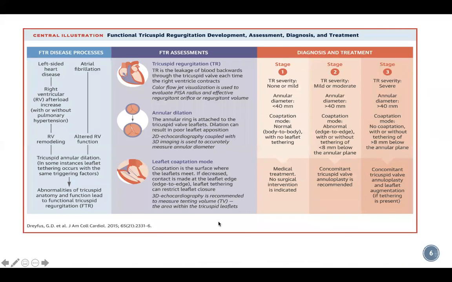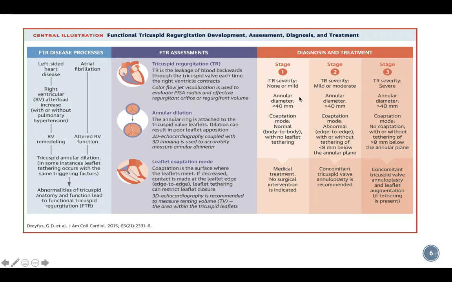Dreyfus wrote a review article about functional TR. After establishing the diagnosis, either left-sided heart disease or atrial fibrillation will lead to RV remodeling, altered RV function. You will have functional TR. When you assess it, you need to assess tricuspid regurgitation plus annular dilatation plus the coaptation of the leaflets.